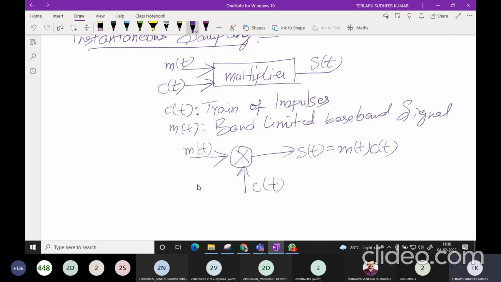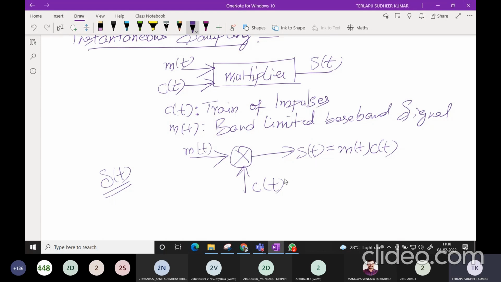Now, if I have an impulse, it can be mathematically represented as delta of t. Instead of a single impulse, I have a train of impulses.